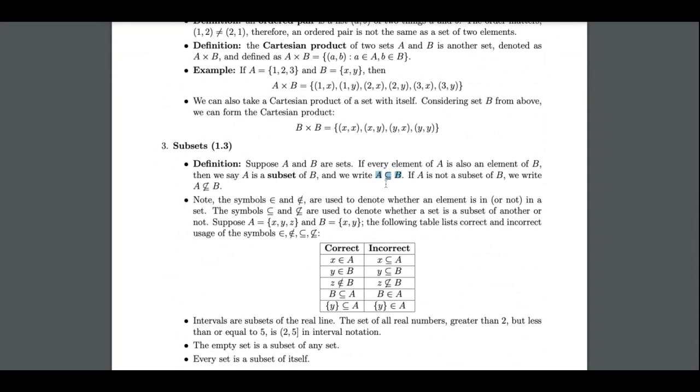With this equal sign, that means A can be B. Remember in mathematics, we say 3 is less than or equal to 5. It could be true because 3 is less than 5. Or we could think of 5 is less than or equal to 5. It's also true because 5 equals 5. So it's the same idea here.